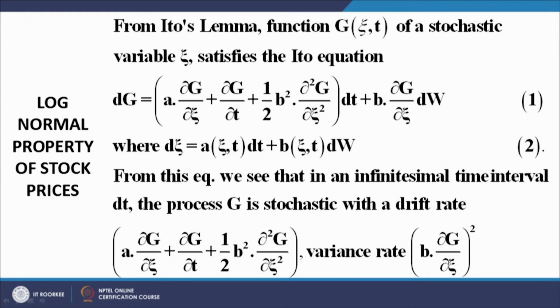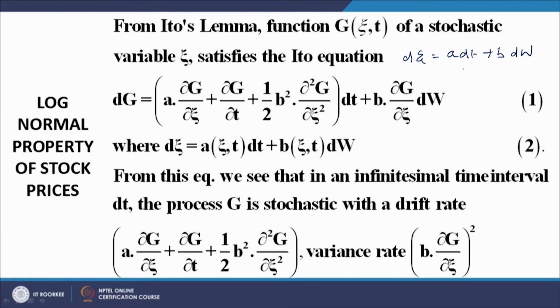Ito's lemma is given in equation number 1. If g(xi, t) is a function of the stochastic variable xi, which satisfies the equation d xi is equal to a dt plus b dW.